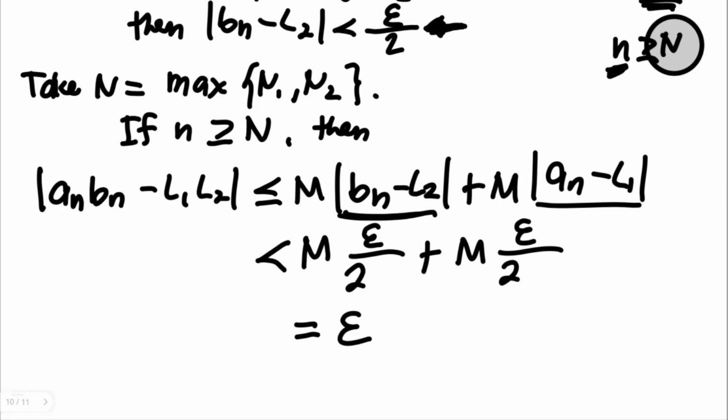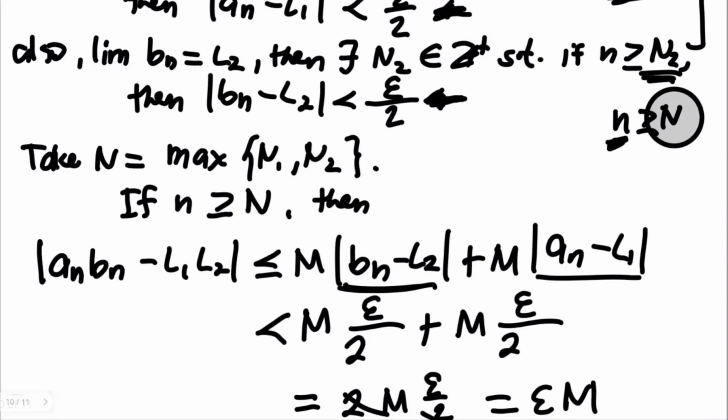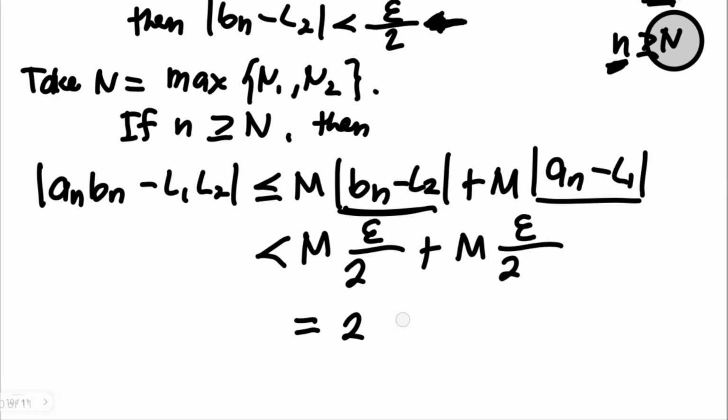Because you will have twice m times epsilon over 2, so you will have epsilon m or m epsilon. This is not the goal. The goal here is just epsilon. That is why it's incorrect.